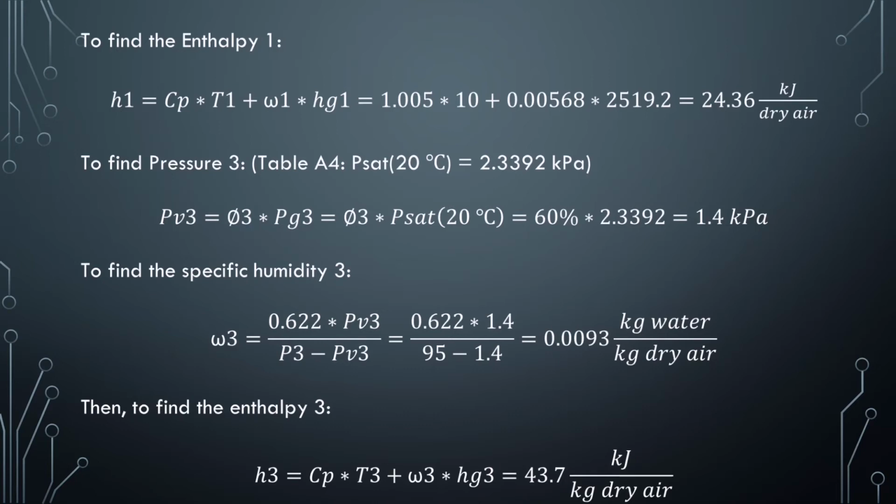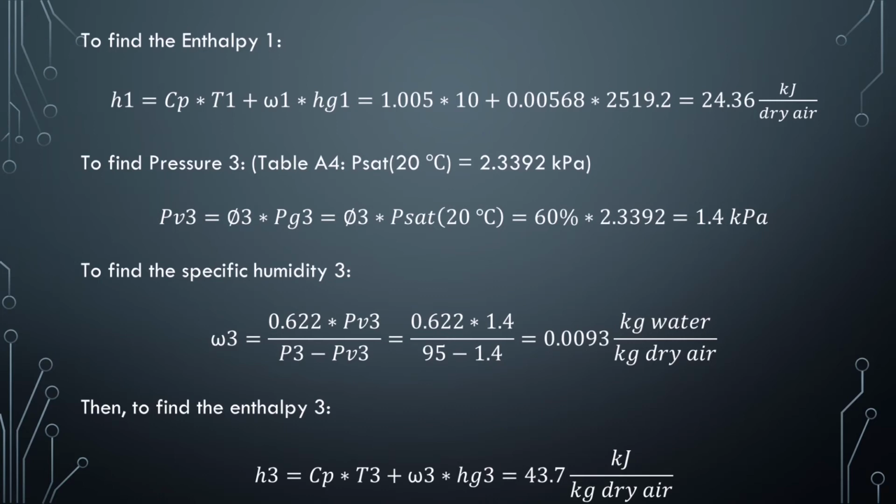To find the pressure 3, remember from table A4 the saturated pressure at 20 degrees Celsius is this value. Again after replacing in this equation, we get that PV3 is 1.4 kilopascal.